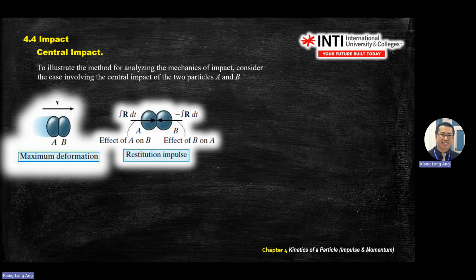You have joined already, and you want to bounce back, but you still feel that B is pressing on your body. You still go together and want to split, but you still feel something touching your body. So this one is the effect of A on B, and this one is the effect of B on A.